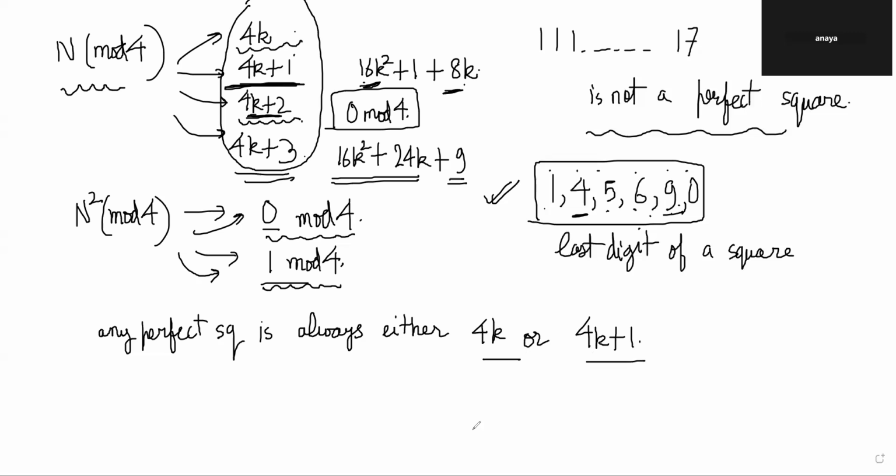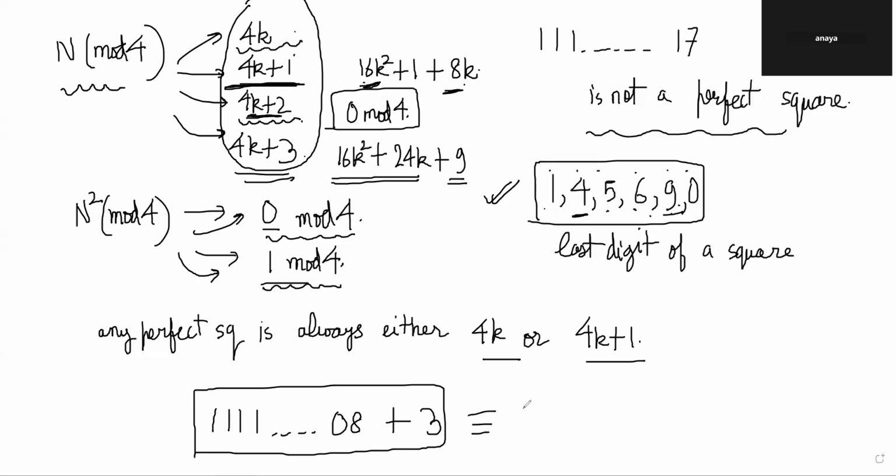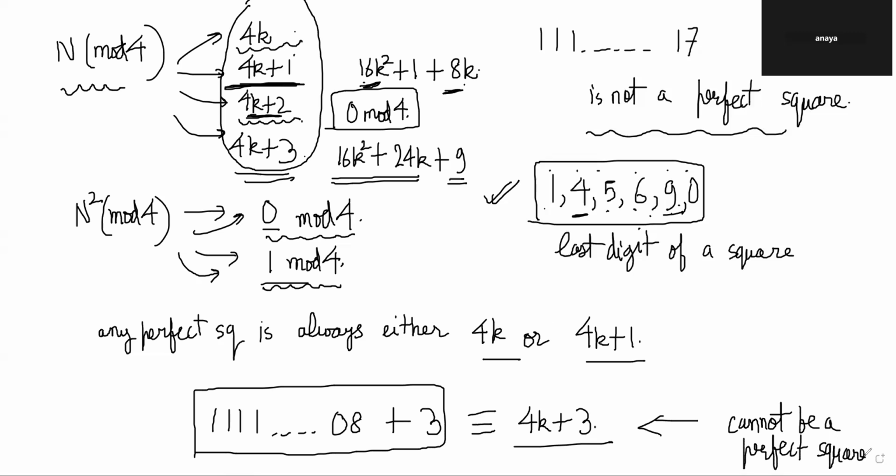But our number in the previous page was of the form 4k plus 3. So it cannot be a perfect square. What we have done here is analyzed that a perfect square is always 0 mod 4 or 1 mod 4, but our number here is 3 mod 4, right?